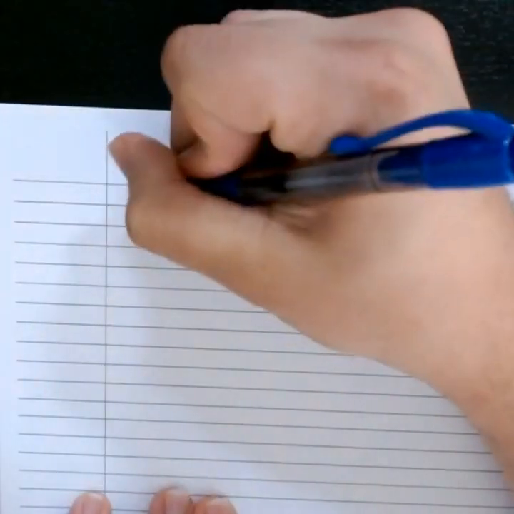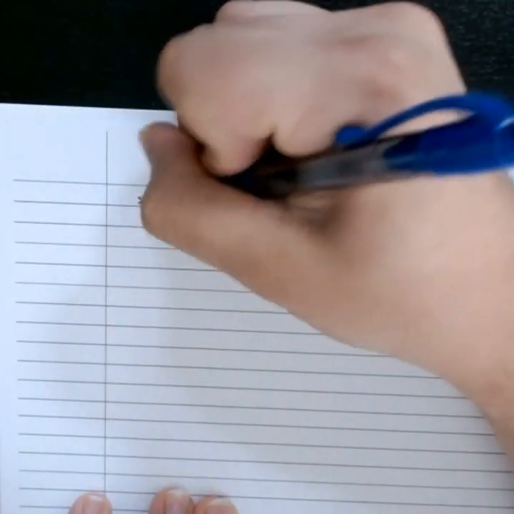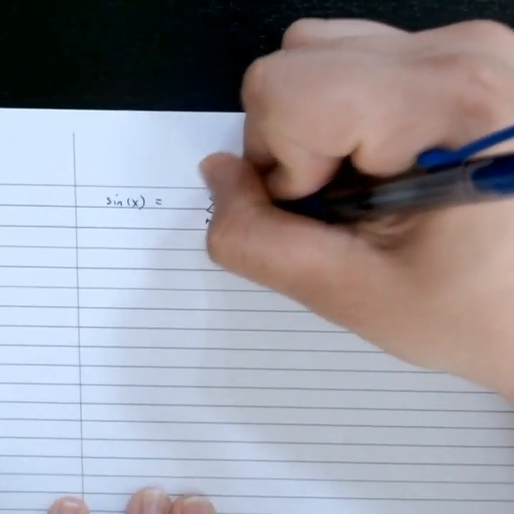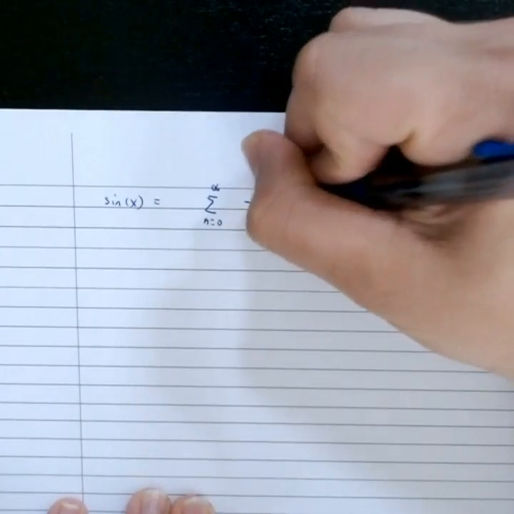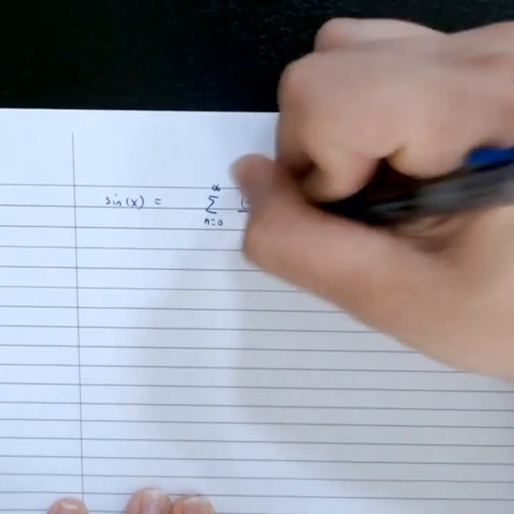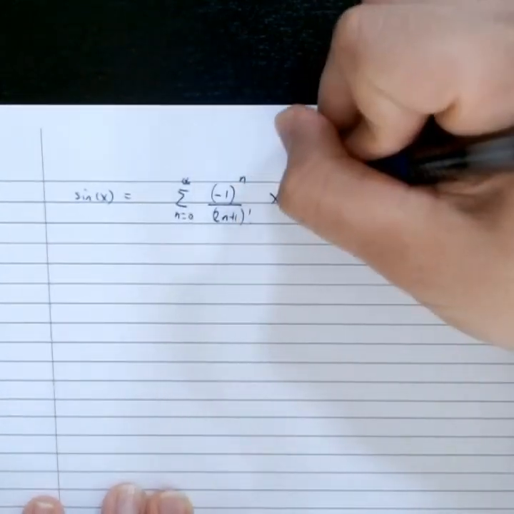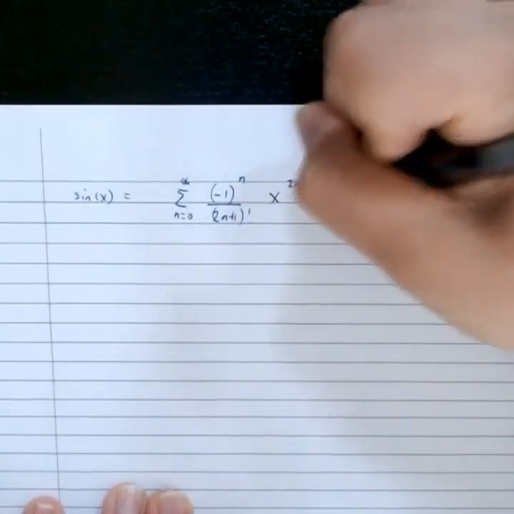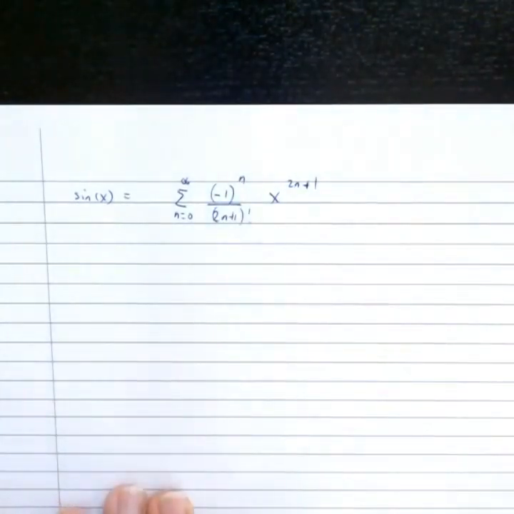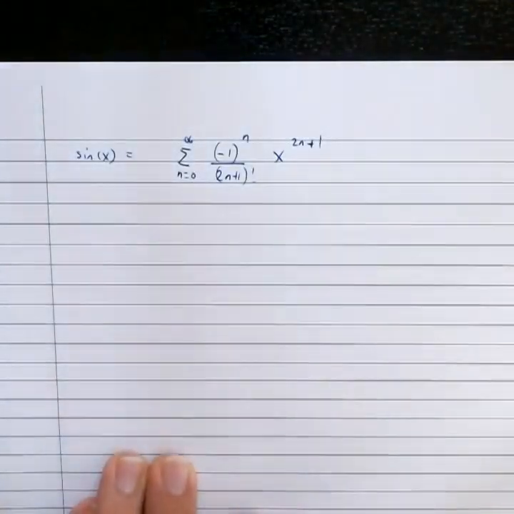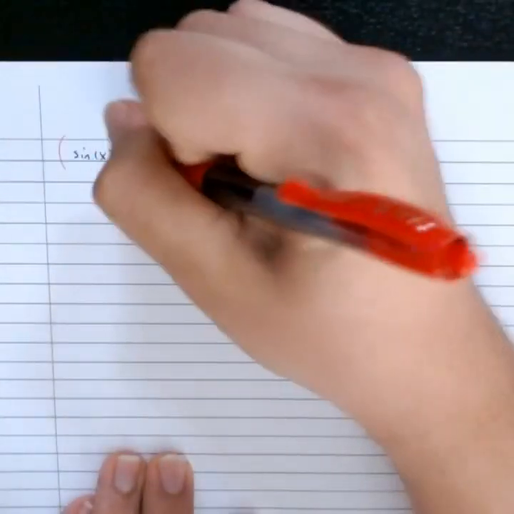If I take the sine of x, which is equal to the sum as n goes from 0 to infinity of minus 1 to the power n over 2n plus 1 factorial times x to the power 2n plus 1, just like that. Now, if I want to take the derivative of one side, that's the same as taking the derivative of the other side.